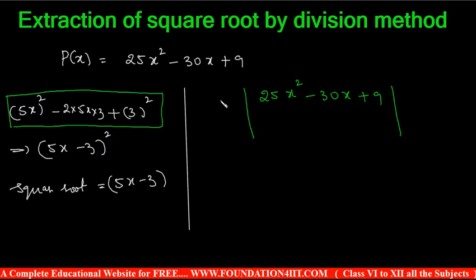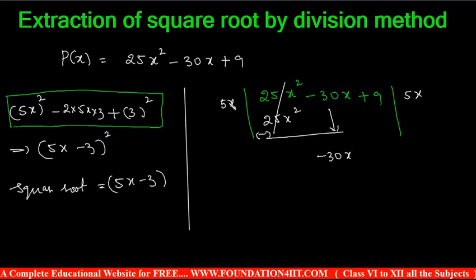So 5x you write in the quotient and the same 5x here, like the long division method in numerical sums. 5x into 5x is 25x square. You subtract and they cancel. Next one is minus 30x.